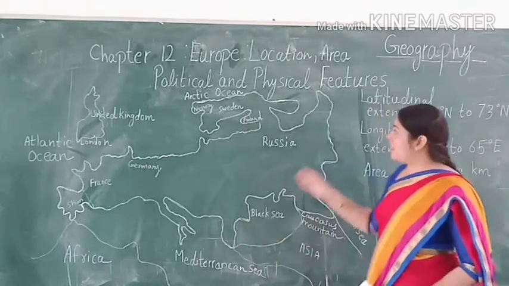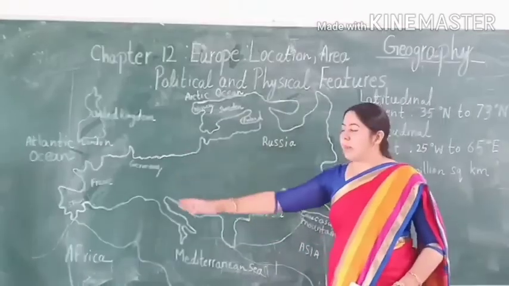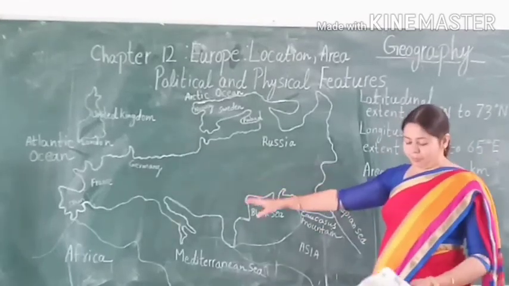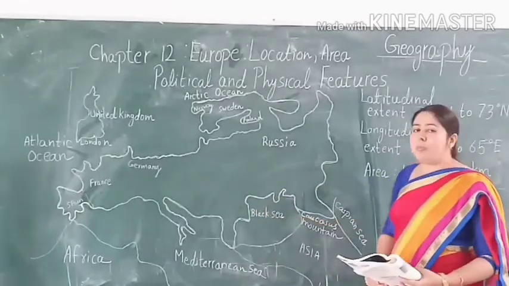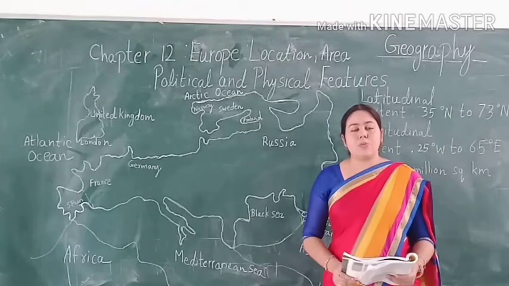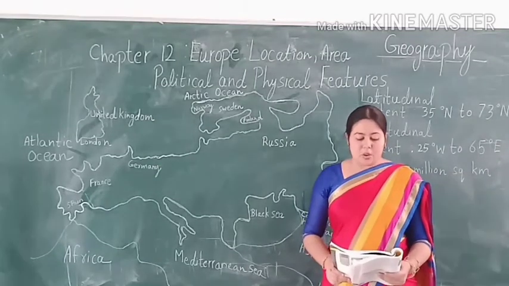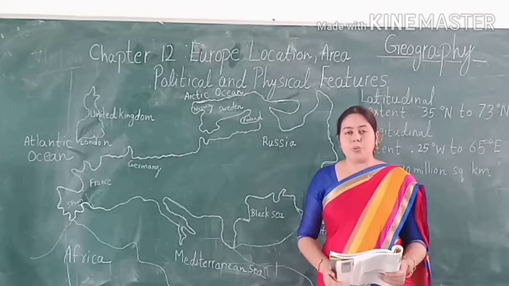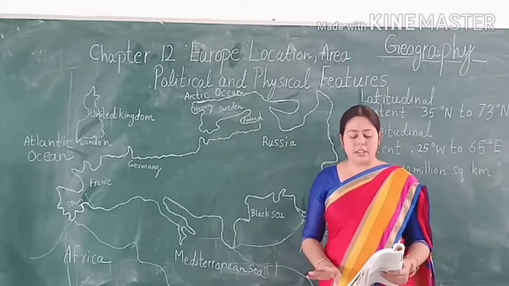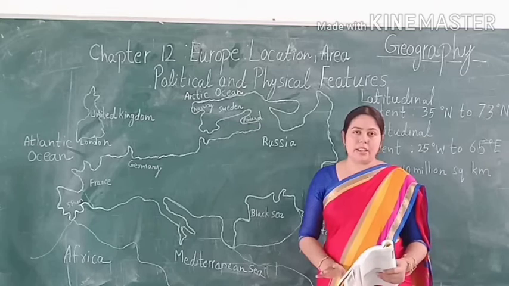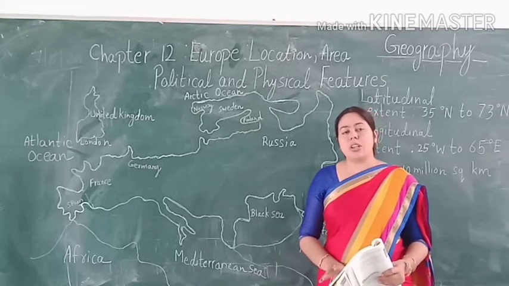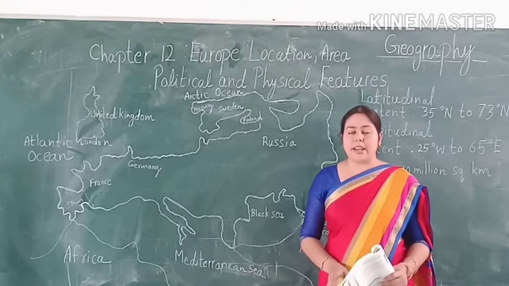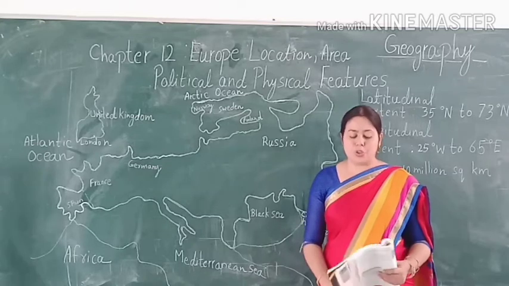So students, you can see this is the map of Europe. Europe is the second smallest continent. Only Australia is smaller in size. The first smallest continent is Australia and the second smallest continent is Europe.